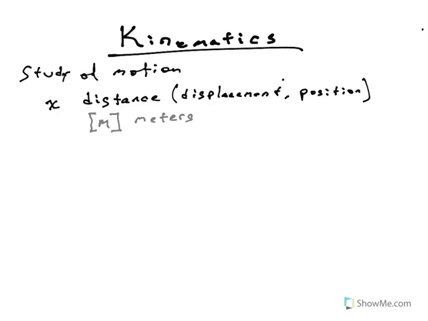It turns out having things in factors of 12 is a lot better than factors of 10 because you can divide into 12 more easily than you can divide into 10. But because human beings were born with 10 fingers and 10 toes, we use a decimal system, which is factors of 10. Anyway, so the first big variable we need to know is x, and that's the distance traveled.